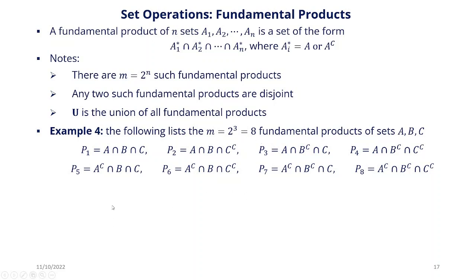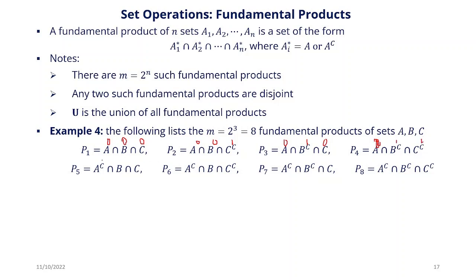Now an easy way to understand how to create this is by writing it out using binary numbers. So if you start with 0, 0, 0, 0, 0, 1. The next one will be 0, 1, 0. The next one will be 0, 1, 1.